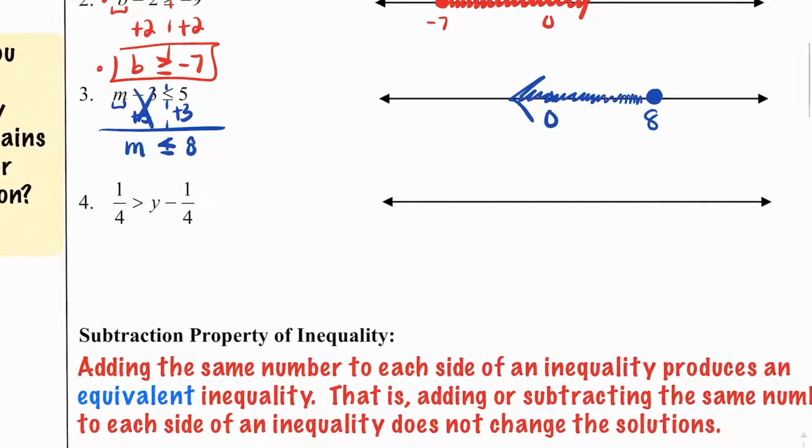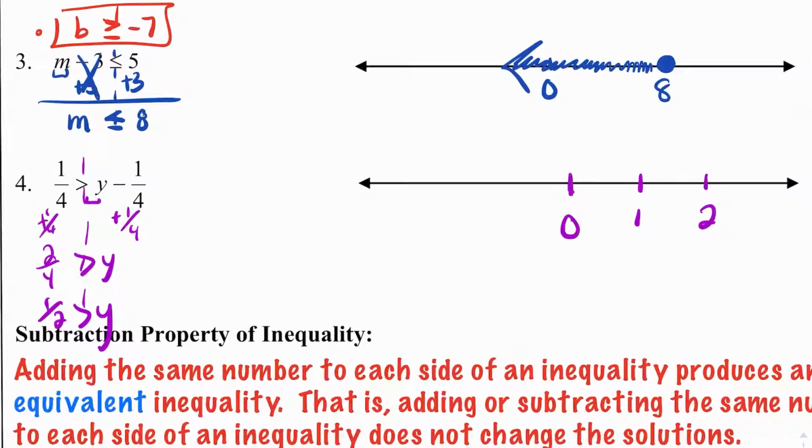Now on this one, we want to get y alone. So here's y. I don't want to subtract 1/4 from it, so we'd add 1/4 to both sides. So 1/4 plus another fourth, that's 2/4. And of course, we'd simplify that to 1/2. So we'll put 0 on the number line. Since this is a fraction, we should probably put the integers that it's in between. So 1/2 is between 0 and 1.